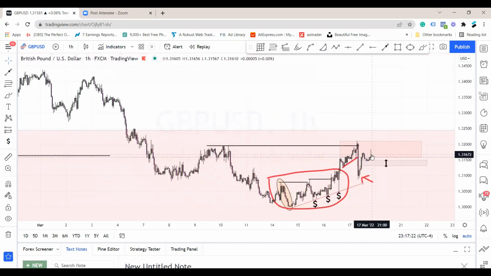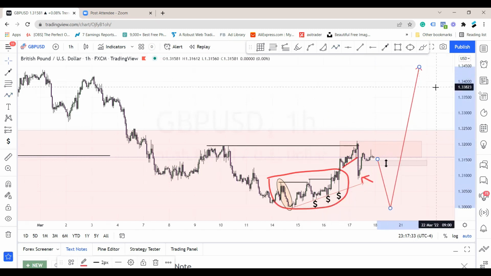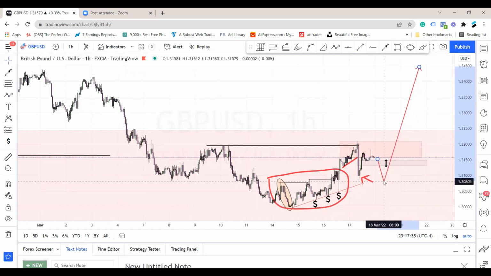So if the intention is to move higher, it will be very inefficient for the bank to move the price down lower to grab all this liquidity and then move the price up. Very inefficient, right? So I think that the most it will do is just move lower.